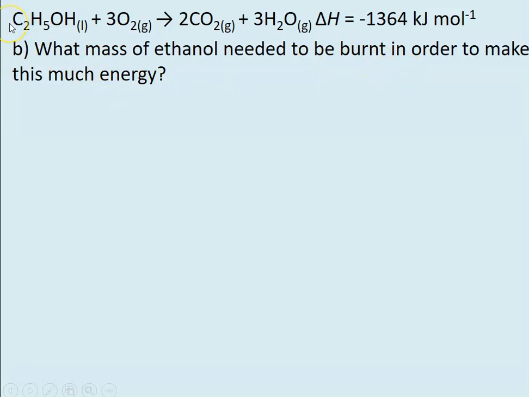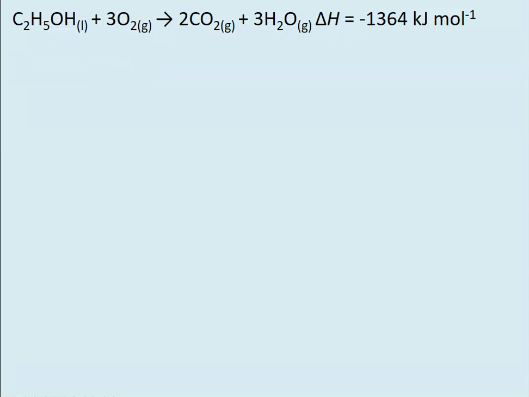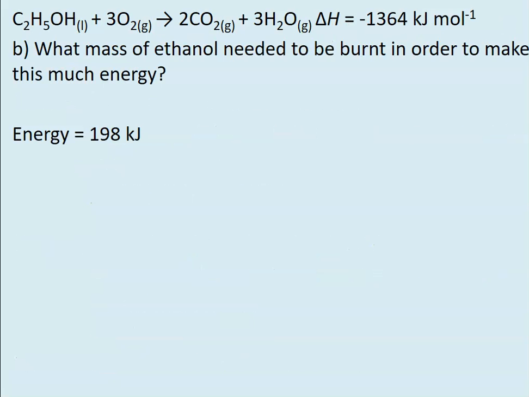So we know we can work out the amount of moles and then just turn that moles into mass. So the amount of energy that we had was 198 kilojoules. How much ethanol would you have needed to make 198?